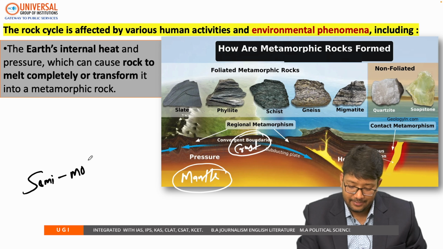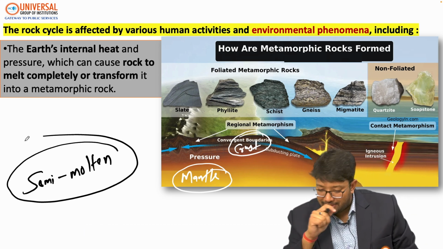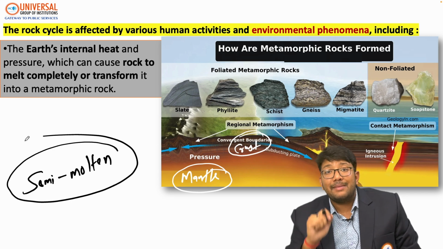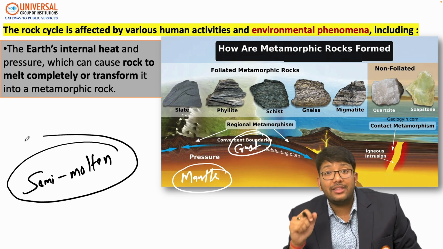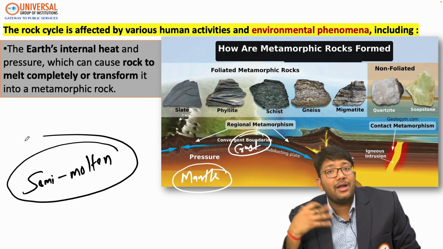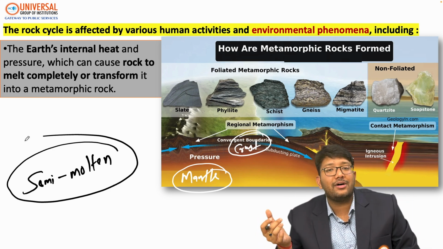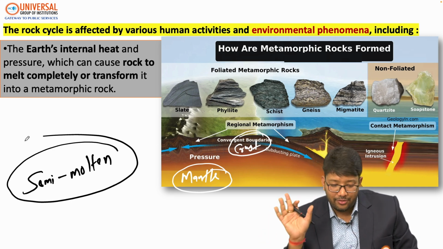Now students, this semi-molten liquid will come out in the form of volcano, in the form of lava, and I have already talked about how volcanoes are formed and how lava and magma come out of the earth's surface. You watch that video also.